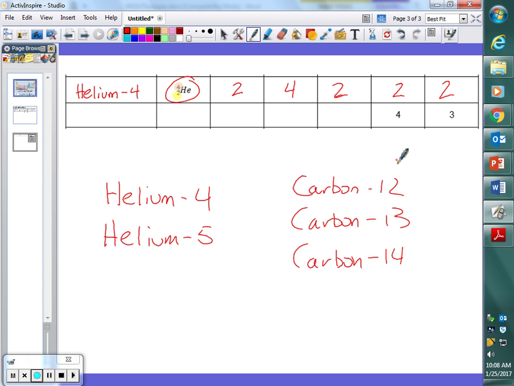So all three of these are isotopes. It's not just two, it's not just three. Any atoms that have the same protons with different neutrons are isotopes. There's some elements on the periodic table that can have like 5 or 6 isotopes. Like zinc, I think zinc has like 5 isotopes.